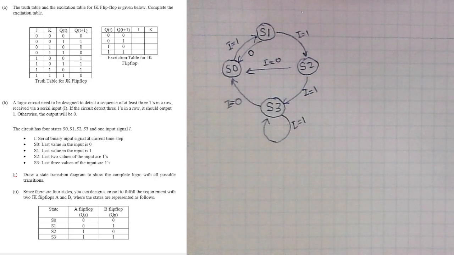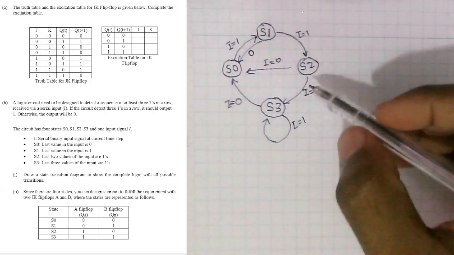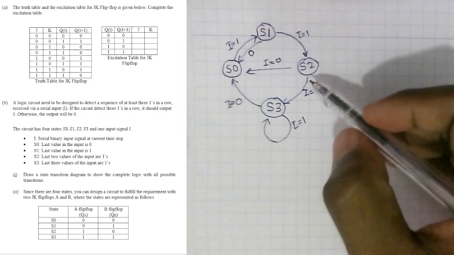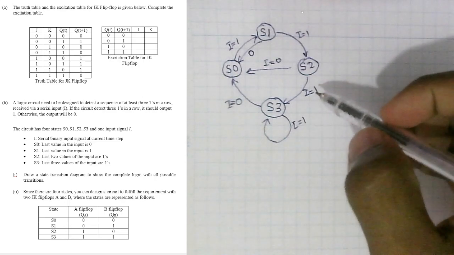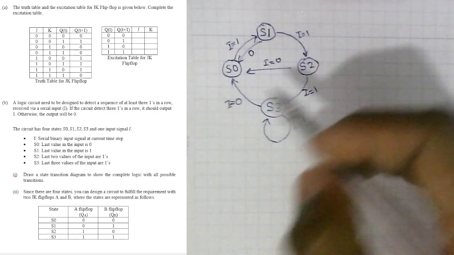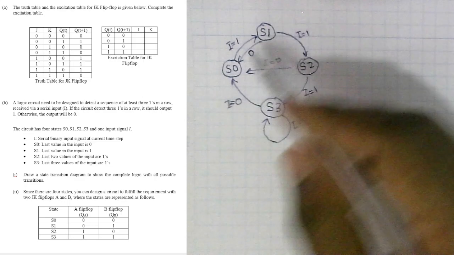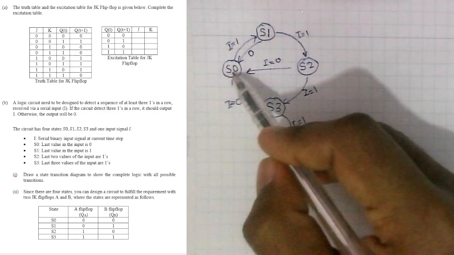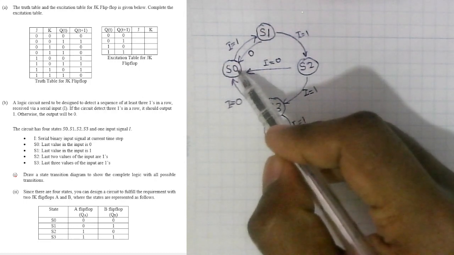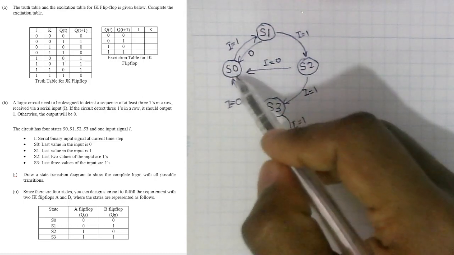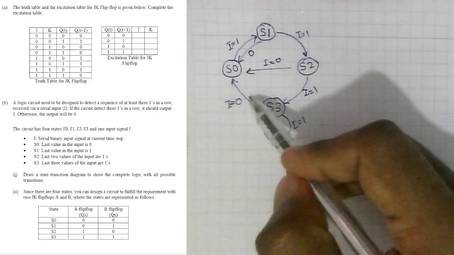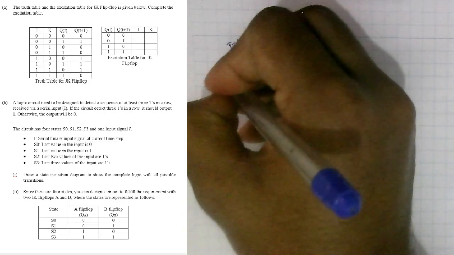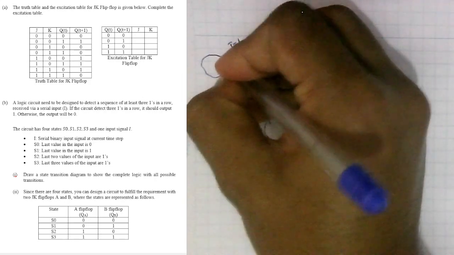Okay, so now we have to analyze it a bit further to see whether we have all the possible transitions, right? Because at any state we could get a 0 or 1, right? So at S0, do we have any transition available for 0? No, right? So we have to add another transition here.